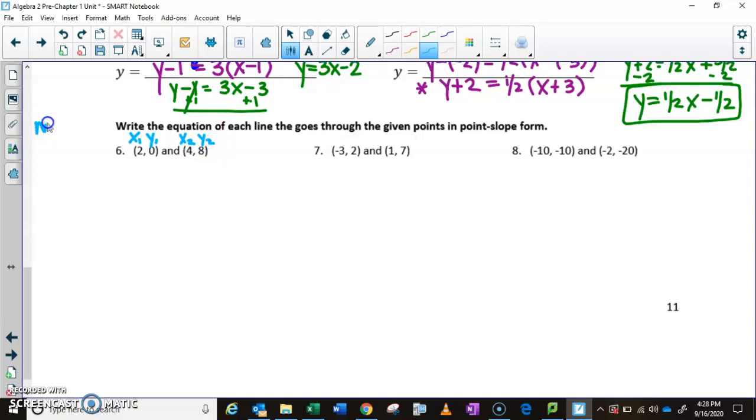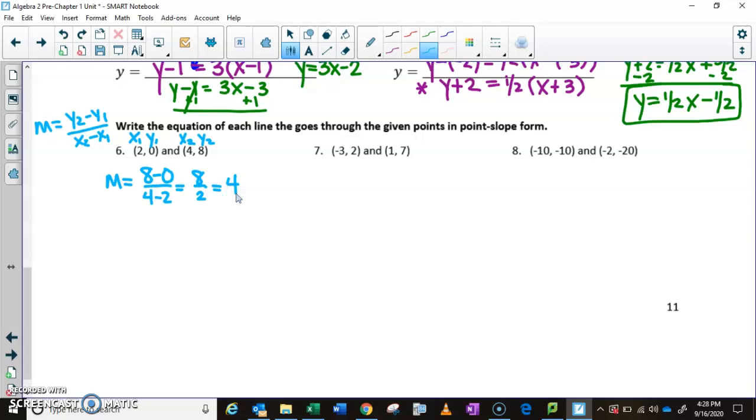Review, the formula for slope is y2 minus y1 over x2 minus x1. So the first thing we're going to do is find the slope between the 2 points. So 8 minus 0 over 4 minus 2. When I simplify, that will be 8 over 2, and that needs to be reduced to 4.